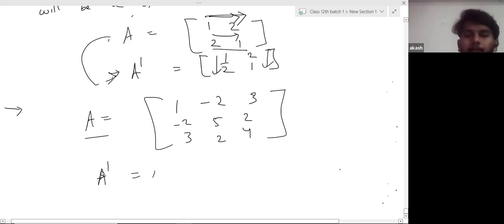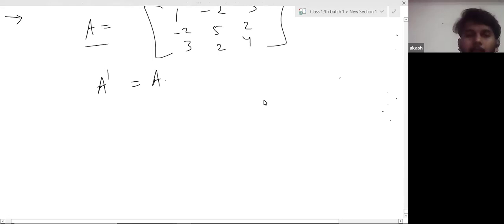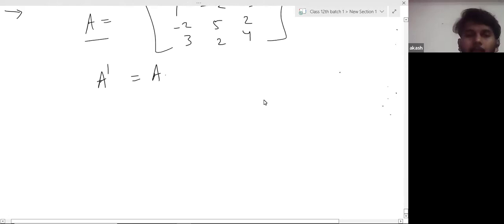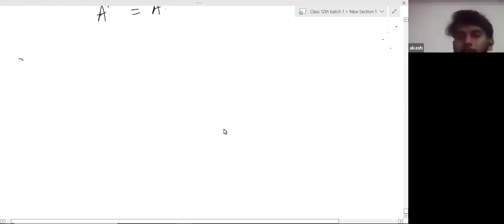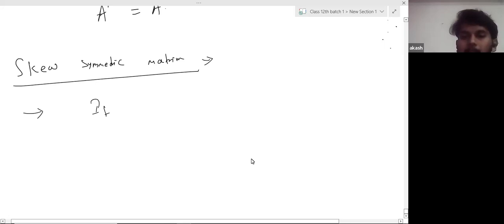All right, what is a skew symmetric matrix? If A equals Aij is a square matrix and Aij is equal to negative of Aji, that means if you find A transpose, that would be equal to negative of A, then this matrix is skew symmetric.